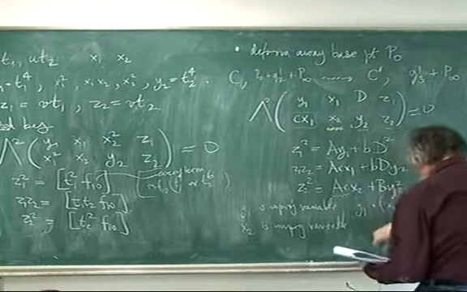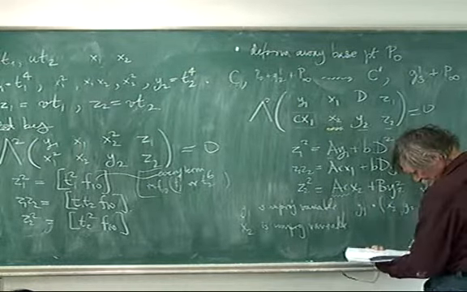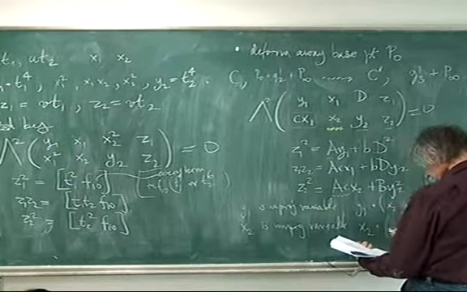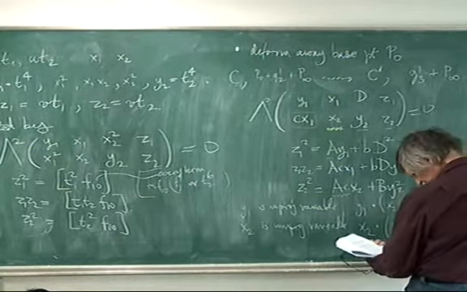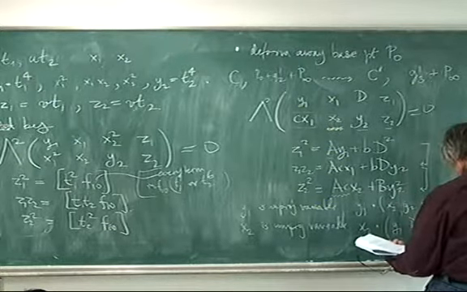I'm over time, aren't I? x2 times, and then there's y1, d, z1, a.